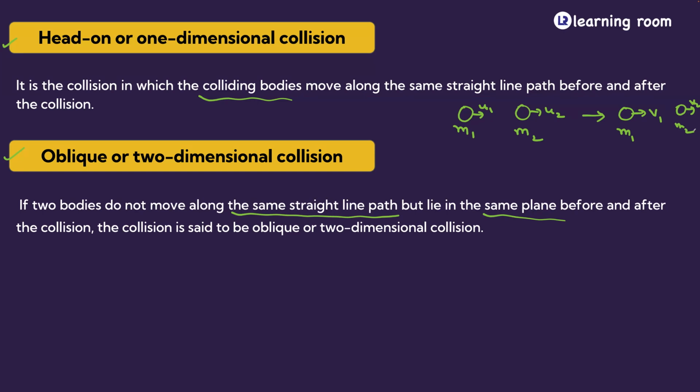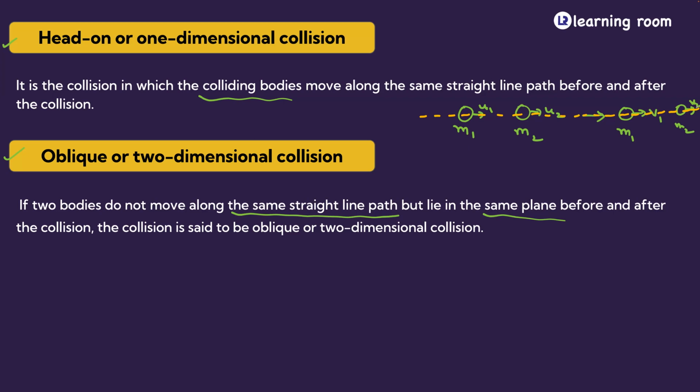If you draw an imaginary line joining these two particles before and after collision, then they will lie along the same line. Are you able to visualize it? So this kind of a collision is what is called as one-dimensional or head-on.